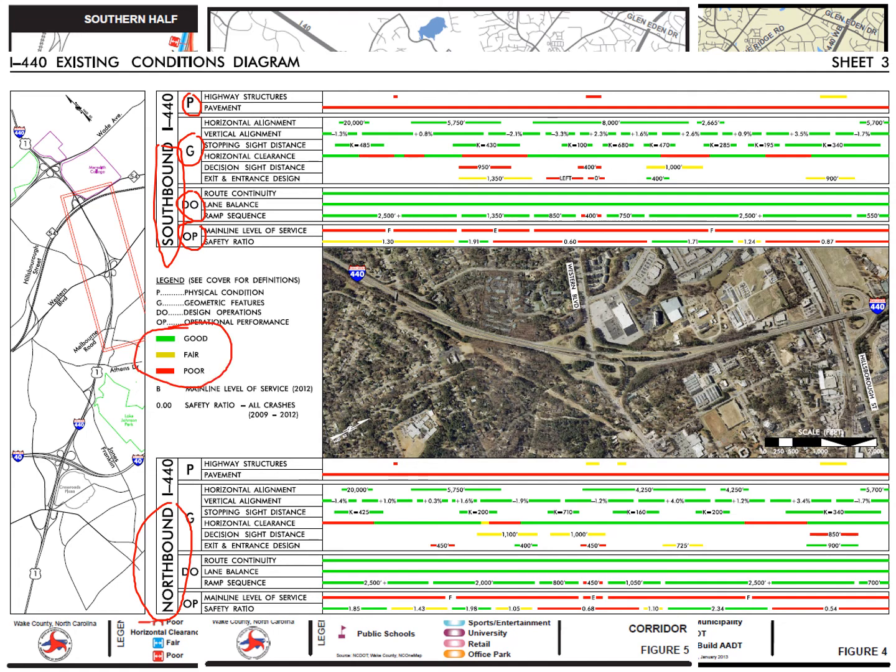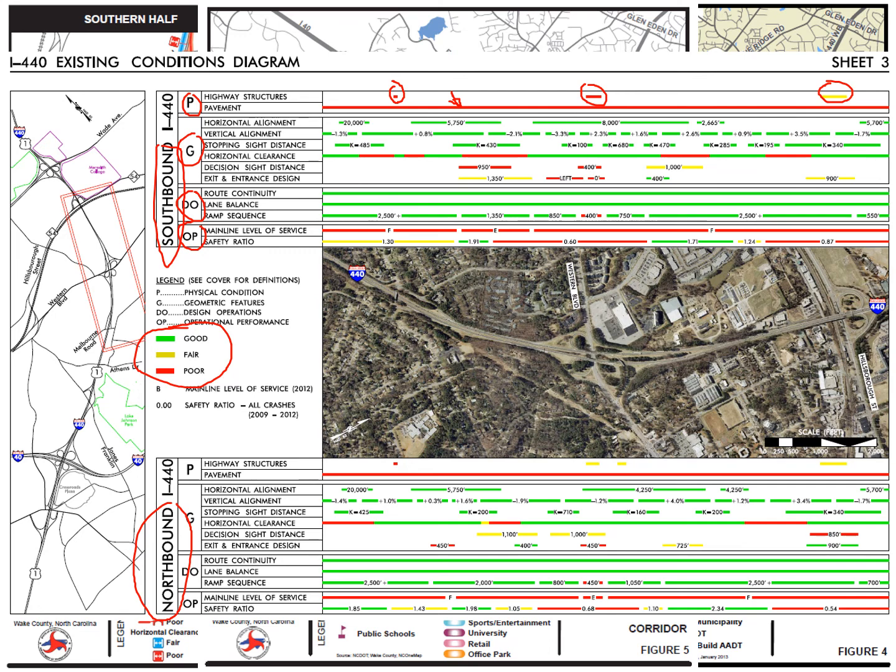So we can look at the structures, so we can see where they're located along the corridor. So this is giving us distance along the corridor. And we see we do have a couple of structures that are in poor condition, one in fair condition. The pavement in this section is in poor condition throughout.